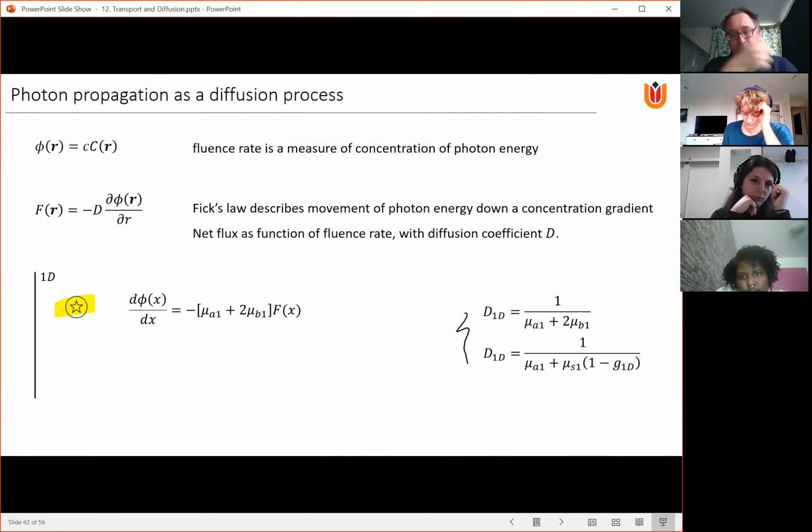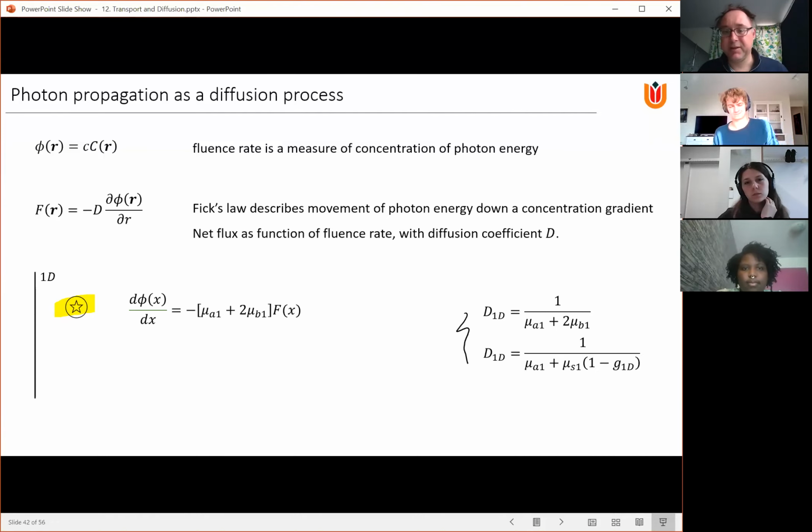If you rearrange it a little bit, and we regard this as a 1D diffusion equation, a 1D form of Fick's law, then that suggests that the diffusion coefficient is going to be 1 over μA plus 2 times the backscatter coefficient μB.